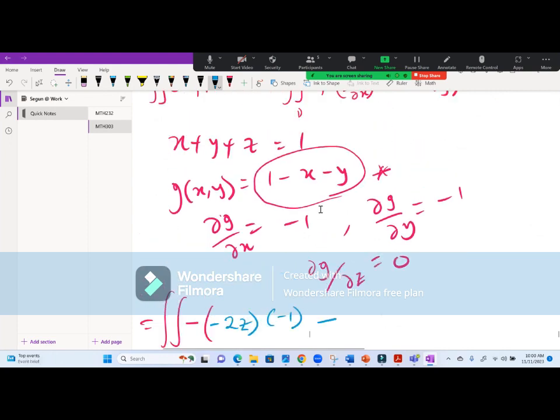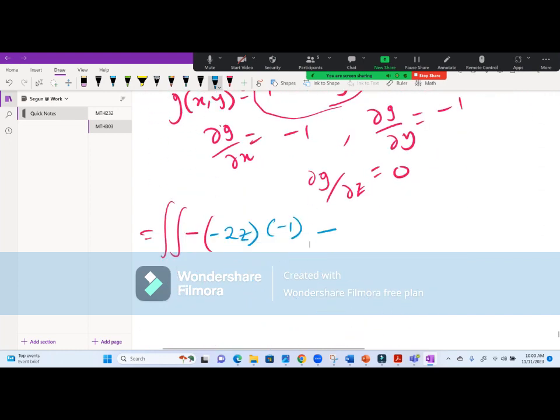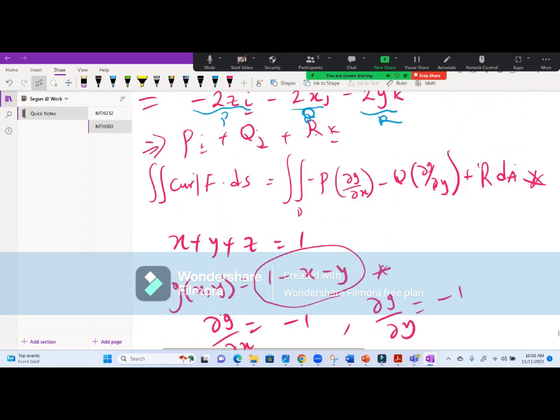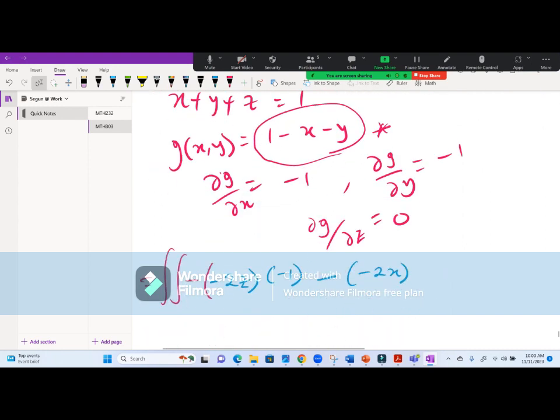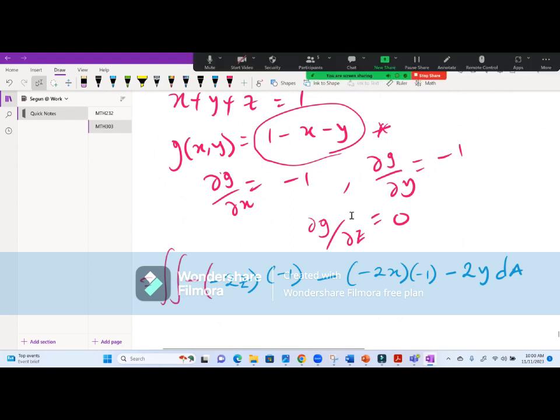Then minus, what is the q? Our q is minus 2x. Then what is the y? Minus 1. Am I right? Minus 2y dA. Remember, there's no z.